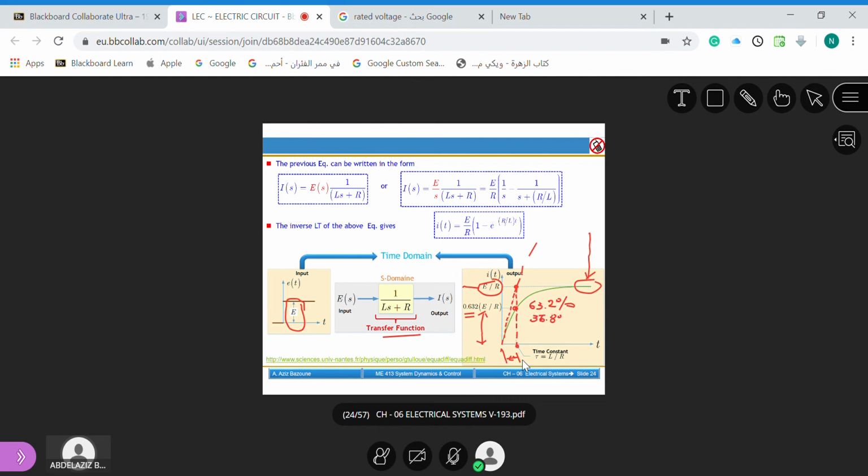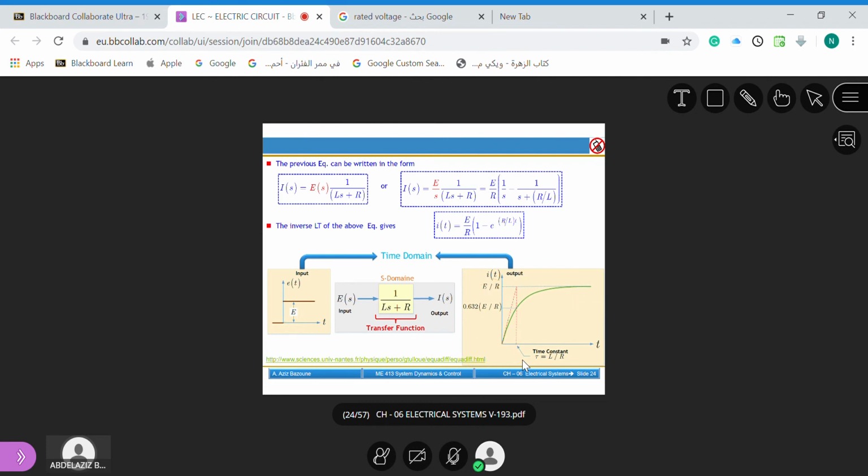And the free response was doing this. I'll show you how we did it before. I'm not sure if I can get the file. So this is the response for the final value.